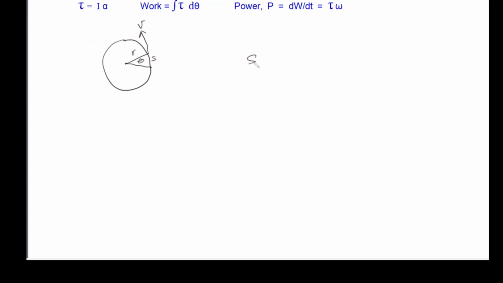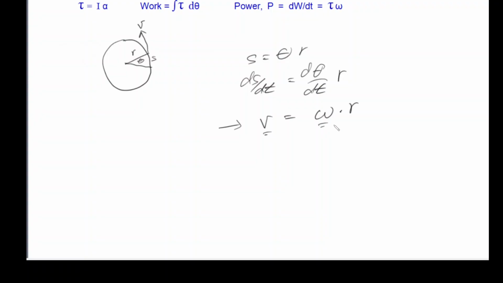Well, S equals theta times r, so ds dt is equal to d theta dt times r, or ds dt is our instantaneous velocity. That's equal to angular velocity times r. So this is one relationship between linear and angular components.